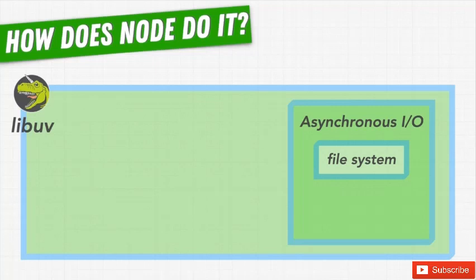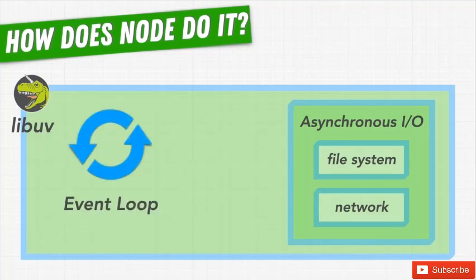File system operations, like the functions in our FS module, as well as the other most common form of I/O, which is network operations. We're able to execute all of these functions asynchronously thanks to this event loop.